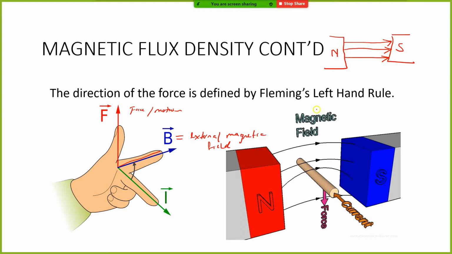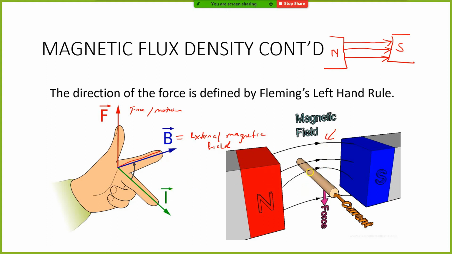So as you can see here, this is your north, and the magnetic fields are going into the south. So this right here is what we call the external magnetic field. We're not concerned about the magnetic field around the wire, even though that plays a factor in the whole thing, but we are not concerned about that for now.